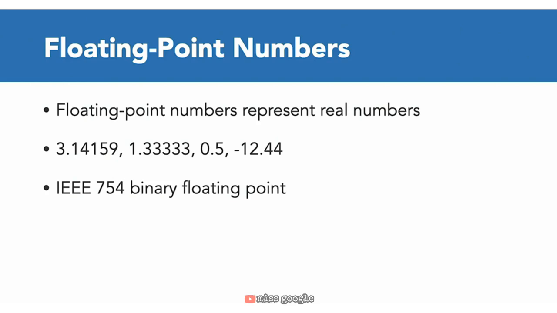There are three floating point types in C++: float, double, and long double. The difference between float and double is that double has a much larger range and precision than float. However, it's way more computationally expensive to work with doubles than floats.